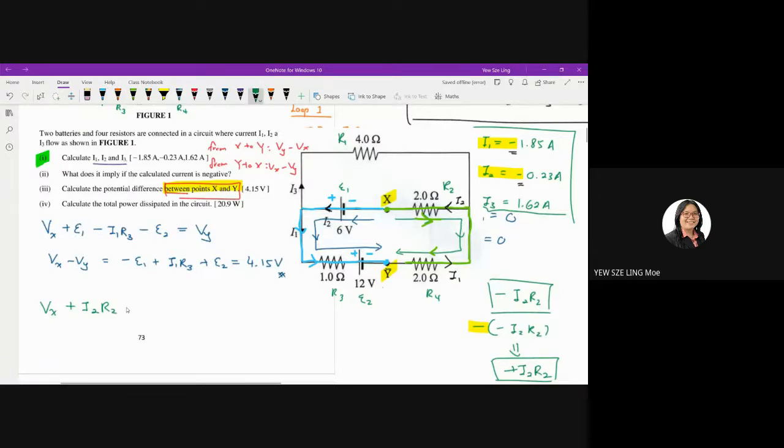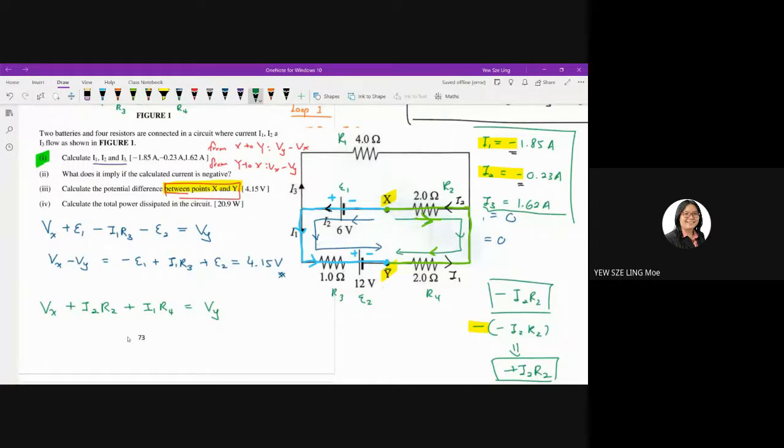So I have a positive I1R4 now. When it comes to Y, I've now reached the final destination, so it is equal to Vy. So am I right? The traveling direction is against, yes.